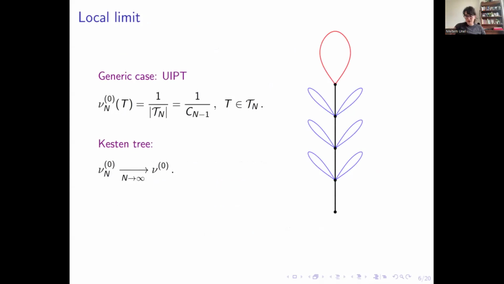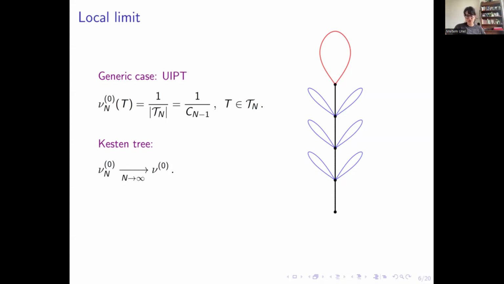So there is a very well-known case, of course, if I start with the sequence of measures that are uniform. Here, the modulus, or the absolute value of tau n, I mean the cardinality of the set. If I want to put the uniform measure on the set of trees of size n, I just need to count them.